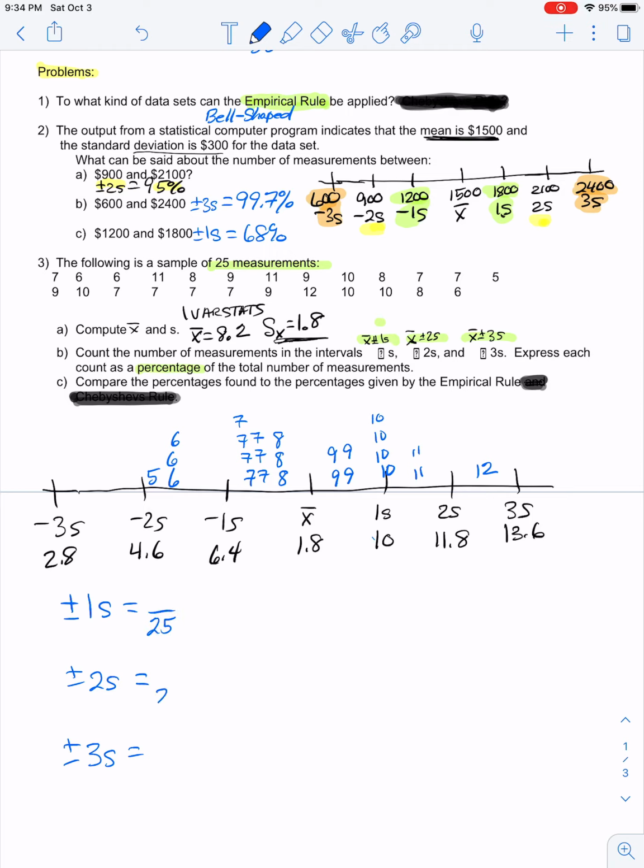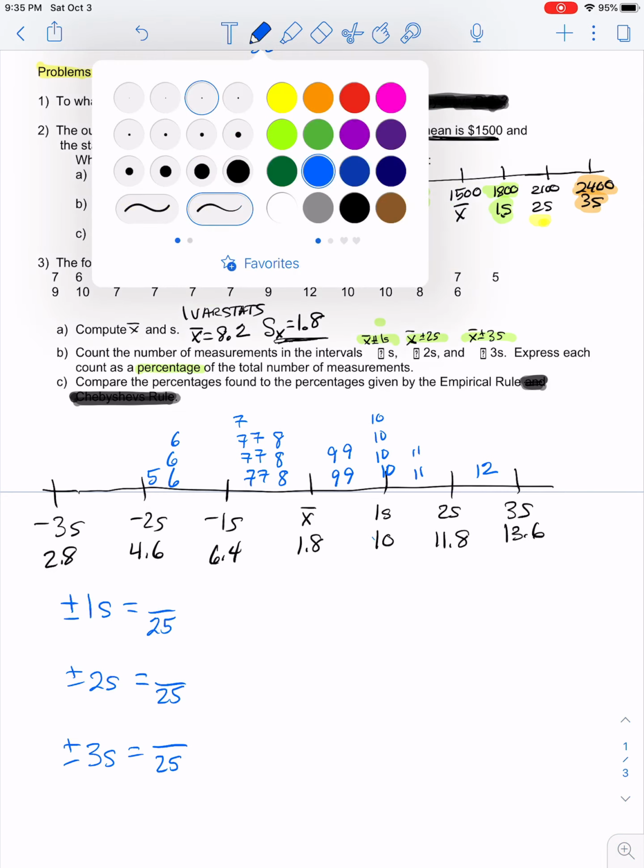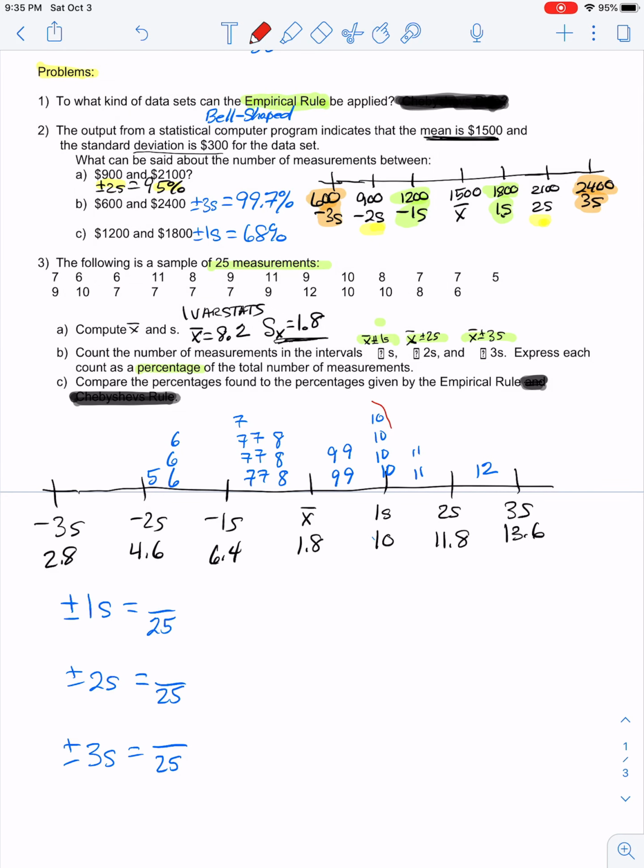Each of these will be out of 25. Let's start with 1 deviation of the mean, so within plus or minus 1. This is a good example because we have some numbers right on the border. We'll say if you're on the line, you're in.